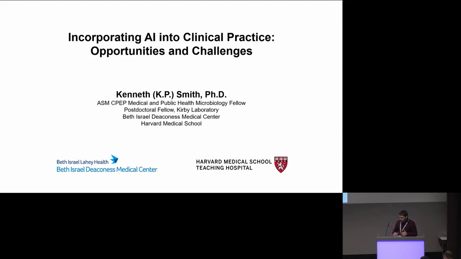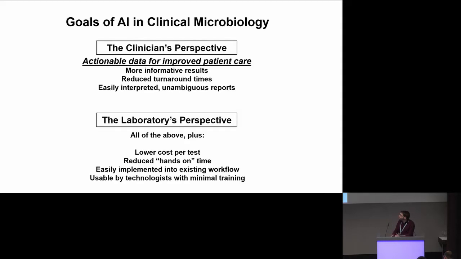Now, I'd like to start by reminding us about the goals of artificial intelligence in clinical microbiology, and grounding us in the fact that we have two constituencies invested in the clinical microbiology lab.